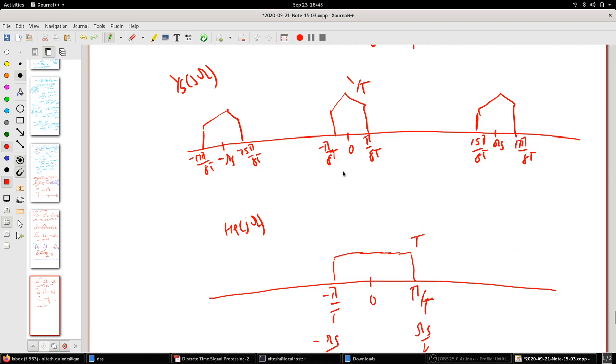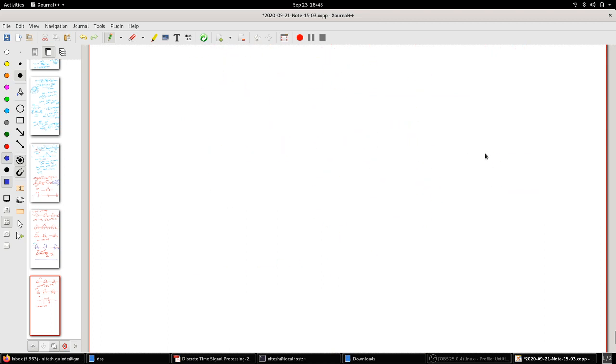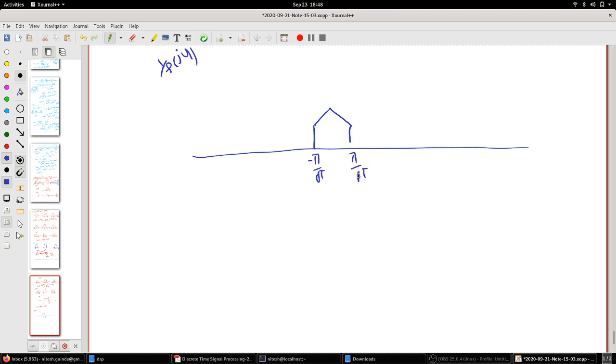If I multiply this, this part of the spectrum will go to 0, and this part will go to 0, and you will be left with a spectrum YR of j omega from minus pi by 8t to pi by 8t.